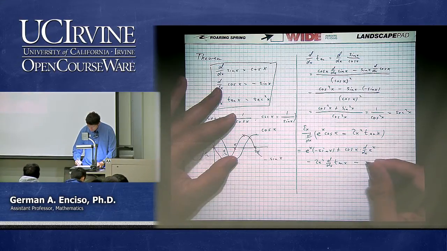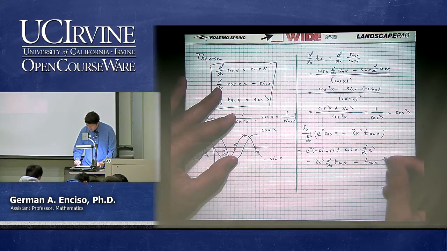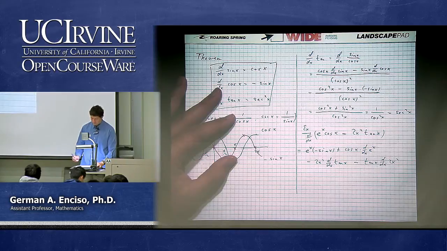And this is tangent of x times the derivative of 2x squared.